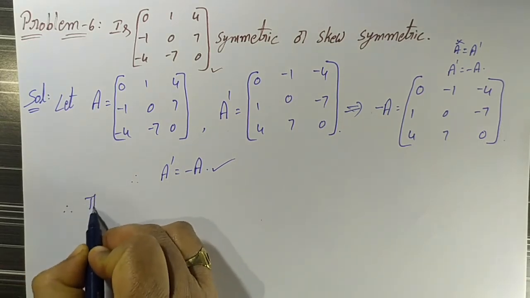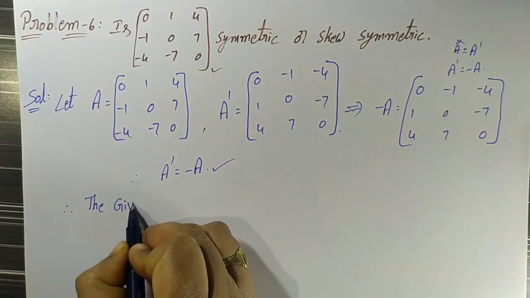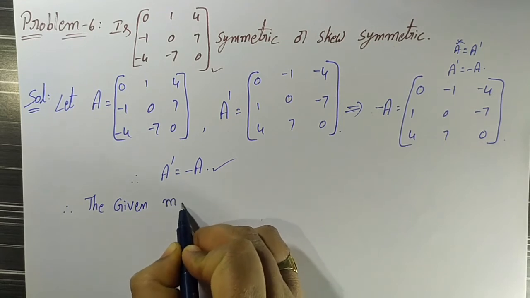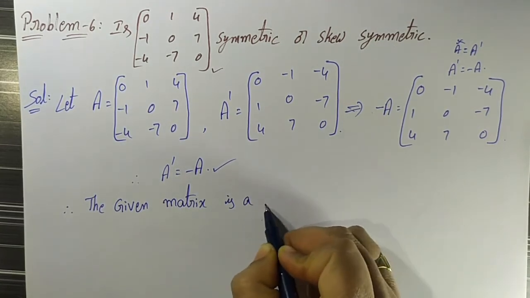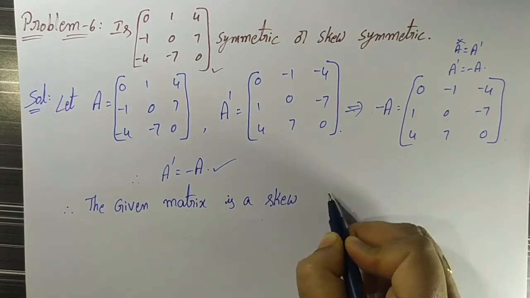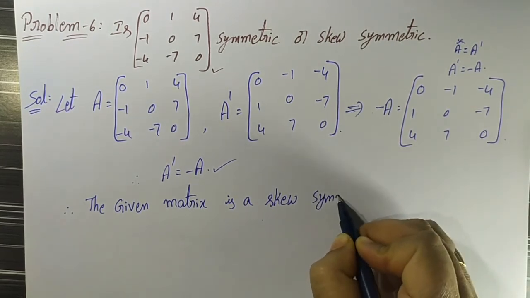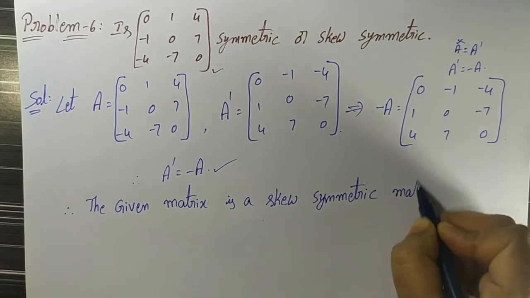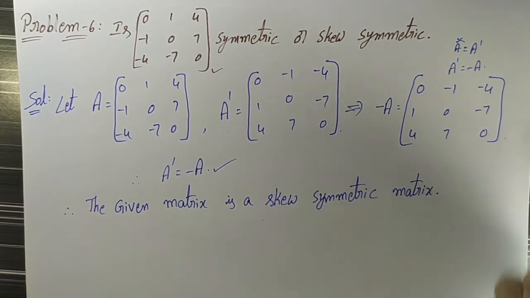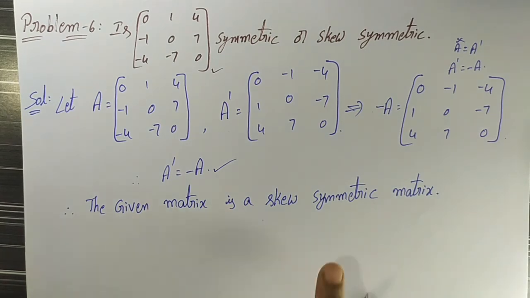Therefore, the given matrix is a skew symmetric matrix. This is the solution of the sixth problem.